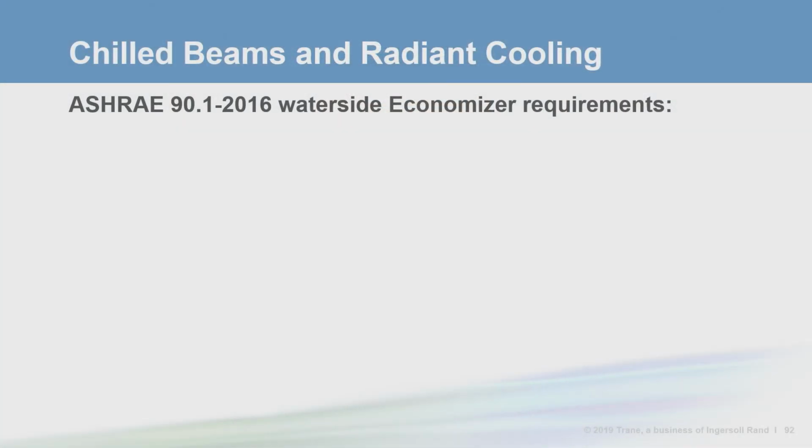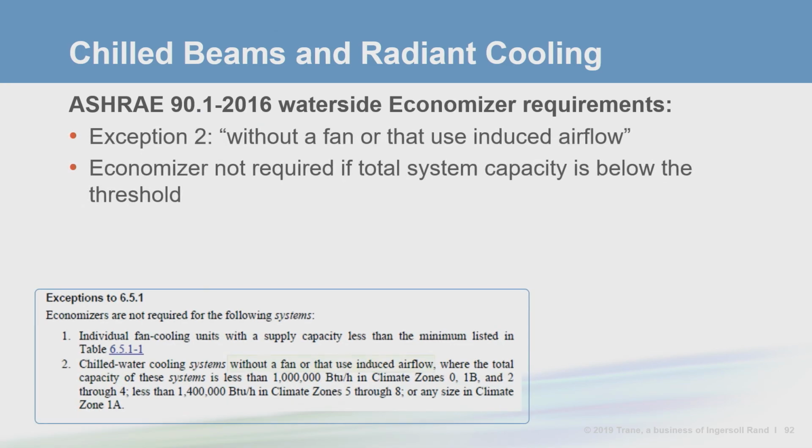And as we discussed earlier, IECC has an economizer requirement for chilled water systems with system capacities above a certain threshold. This would include chilled beams and radiant panels. ASHRAE 90.1 2016, however, contains an exception for systems without a fan or that use induced airflow, below a certain system capacity threshold.